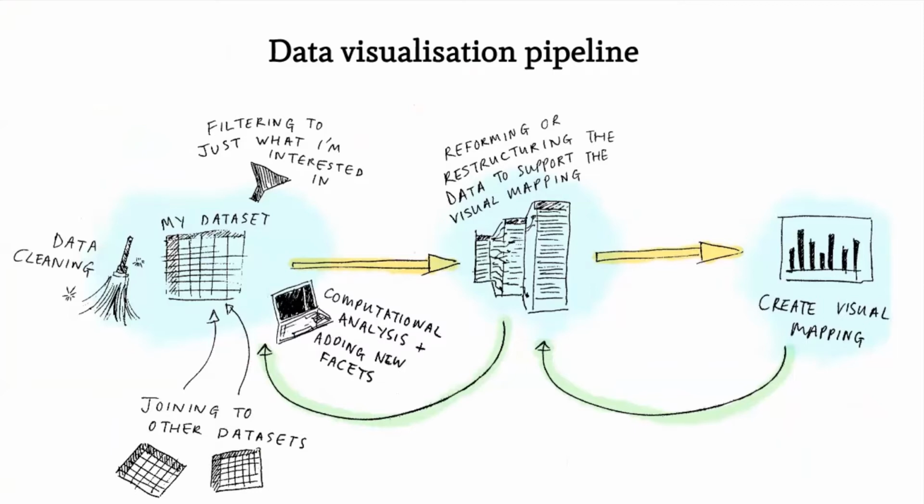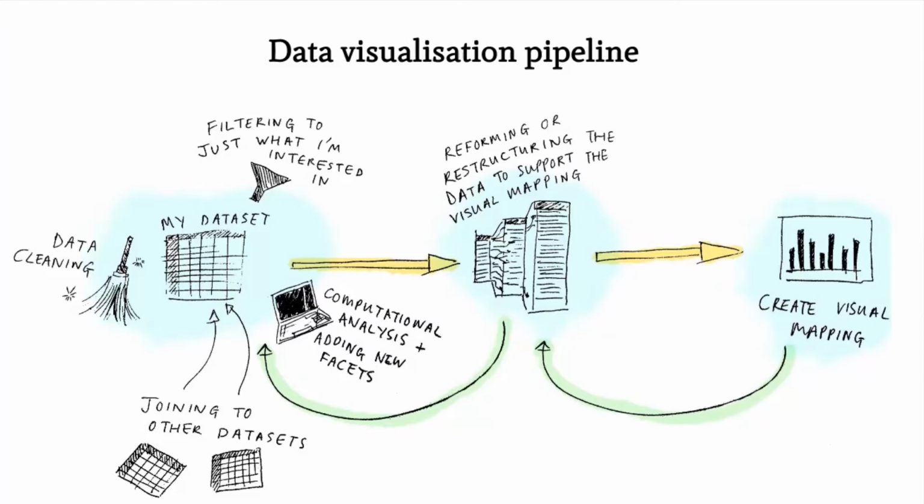We might not have everything we need in the one data set we started with. We might need to do some analysis, create some new facets or new variables in the data, and reshape our data.